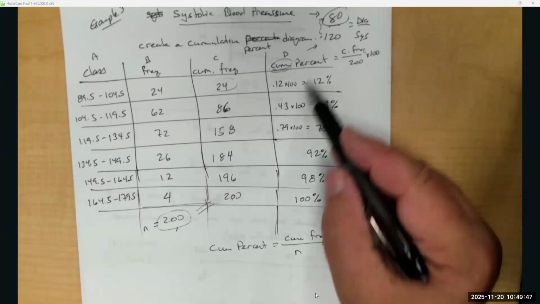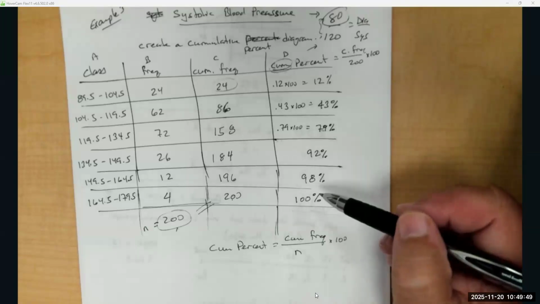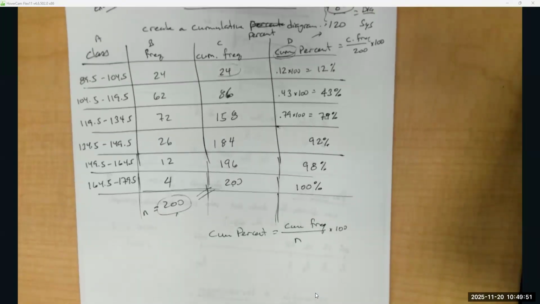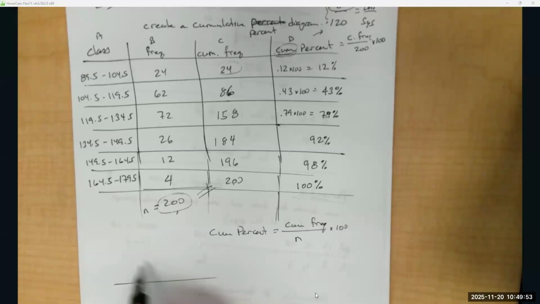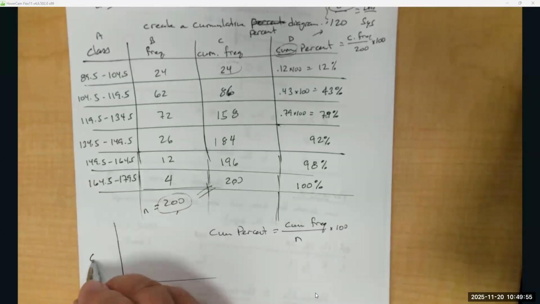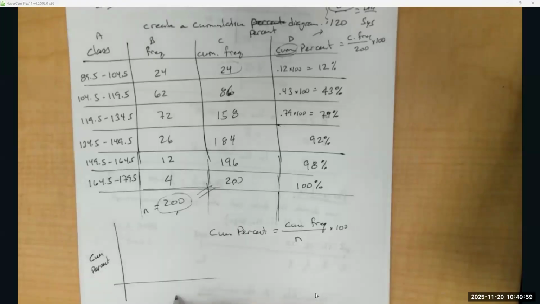Okay, so what do we do with these numbers here? Now we graph them. And then these are the classes. Whenever you do these, this is very important.